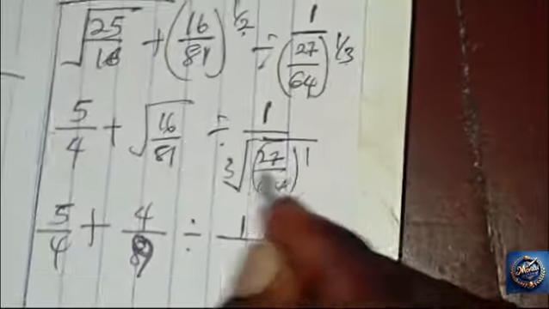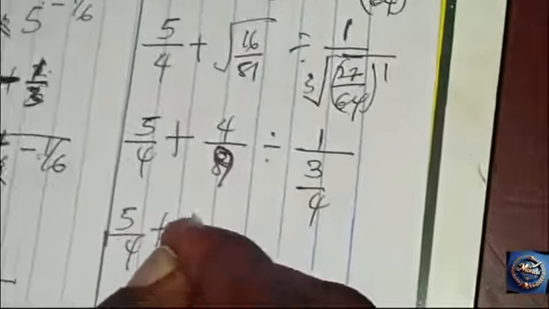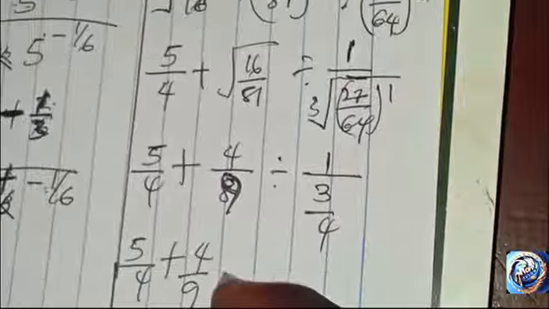The third root of 27 is 3, while the third root of 64 is 4. So I have 5 over 4 plus 4 over 9 divided by 4 over 3.